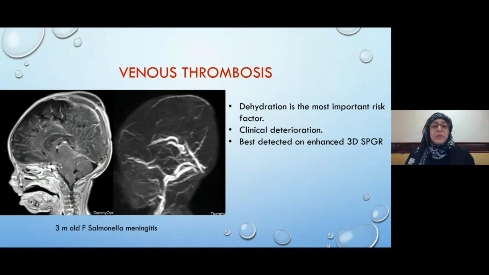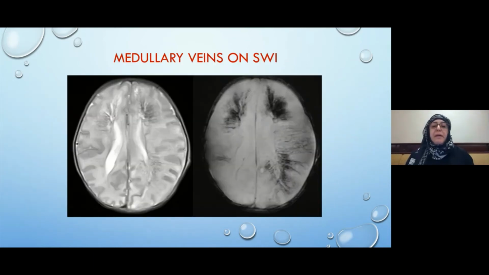Venous thrombosis is also a serious complication of meningitis, though not common, and it can be evaluated by MRV. However, enhanced sequences, especially enhanced MRV or enhanced T1 3D, are best in delineating even the small thrombi in comparison to time of flight, because time of flight venography can have flow artifacts.